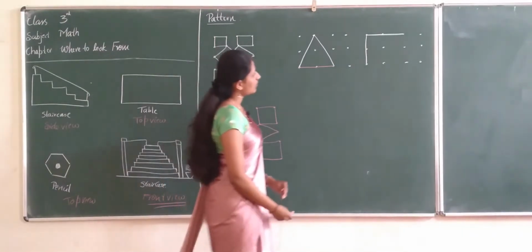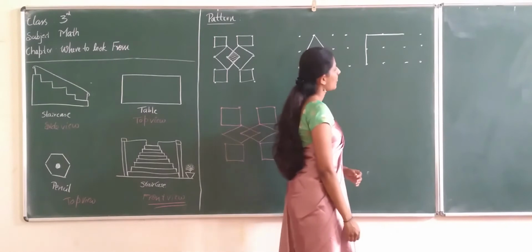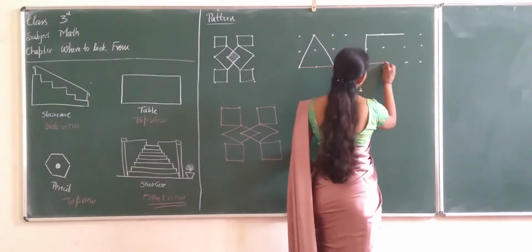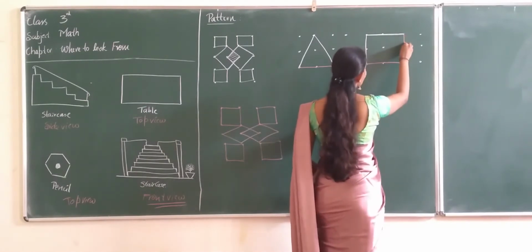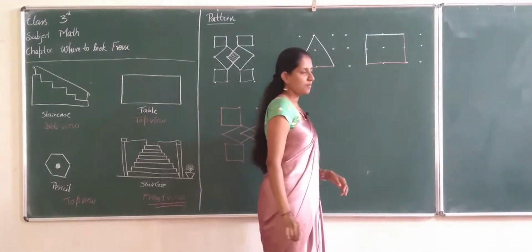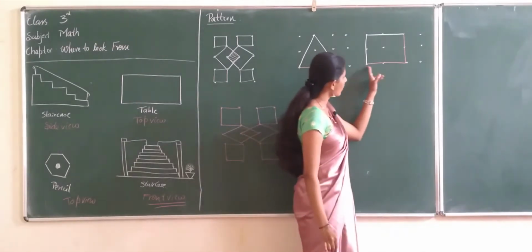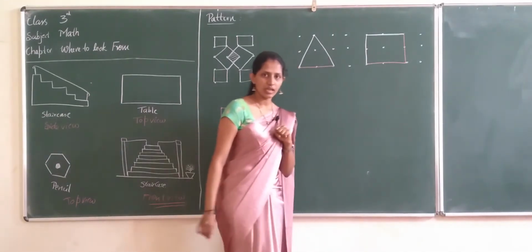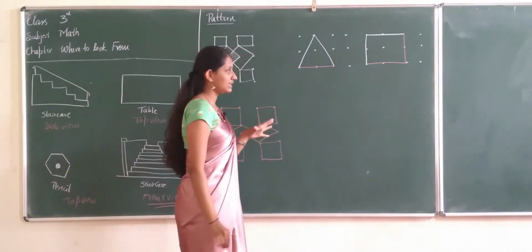Correct? What about this? I can draw one rectangle, or somewhat of a square, not properly a square, it is a rectangle, by joining these 1, 2, 3, 4, 5 dots. Okay, understood?